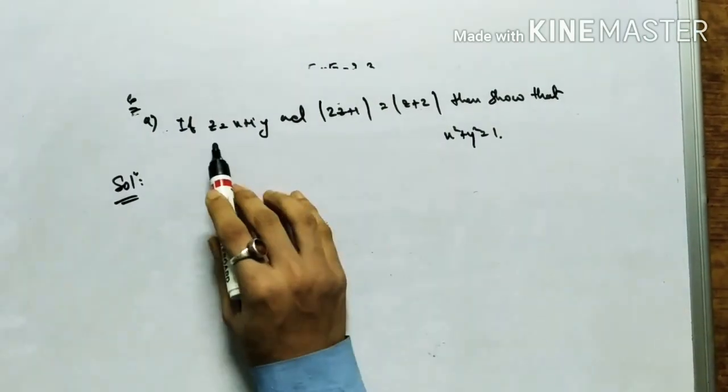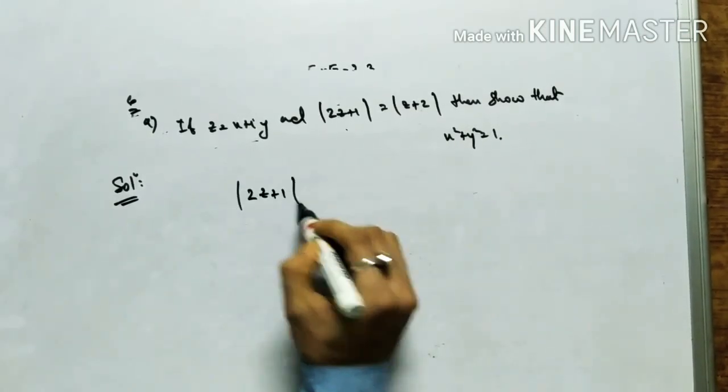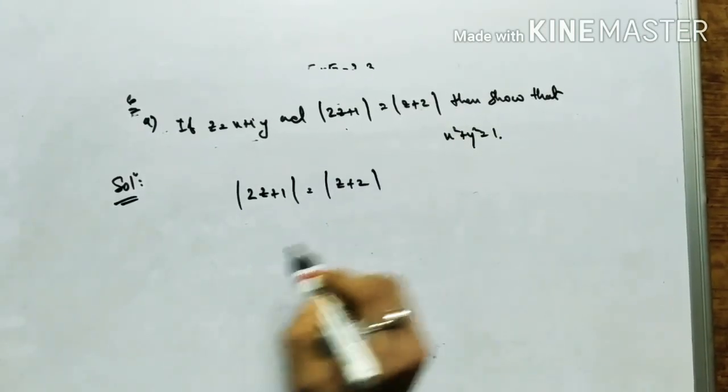So now here you see the z value is given, and this is equal to this given. So this is modulus of 2z plus 1 is equal to modulus of z plus 2.